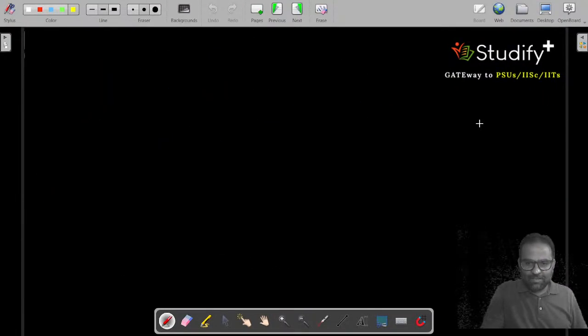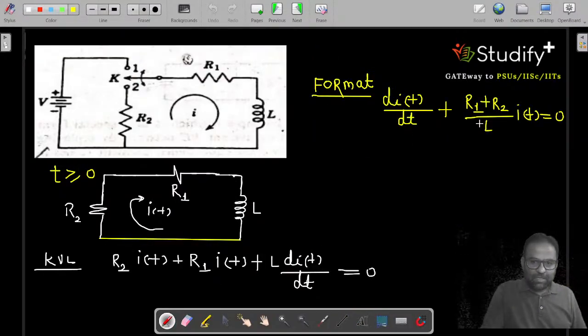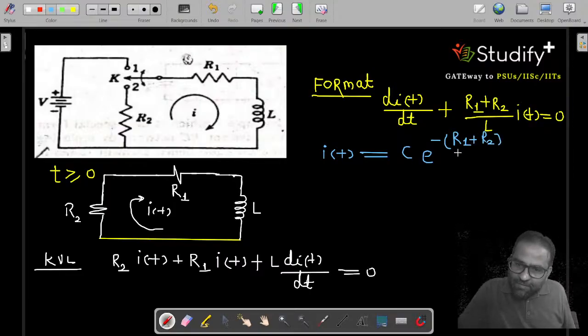So let's talk about this. I of t equals some constant C into e to the power minus of (R1 plus R2) divided by L into t, and this solution is valid for t greater than or equal to 0.